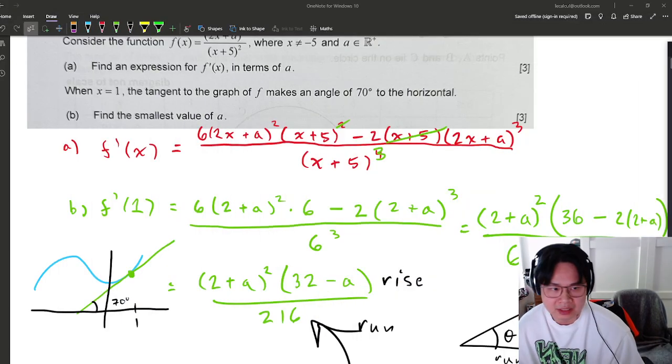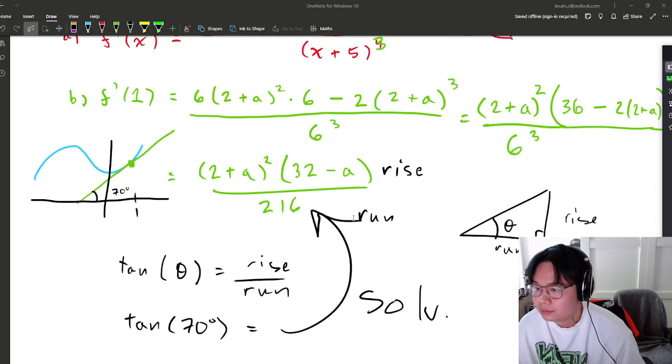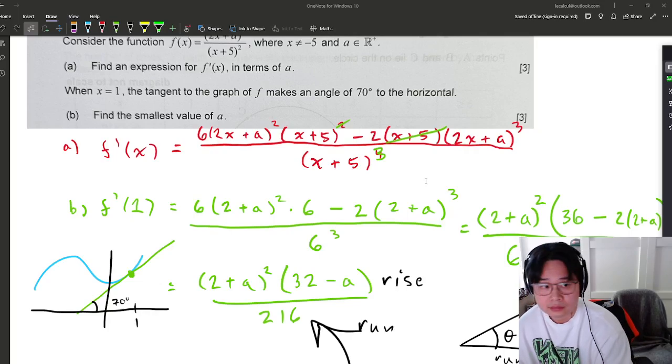Okay, I'm going to type it off screen so that I can see it.